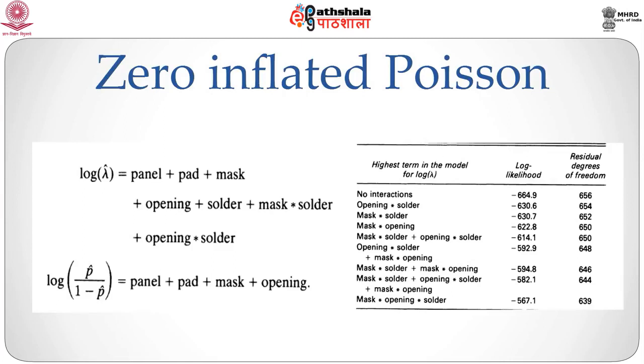So having worked out the theory, the author presents an application of the ZIP model to her data. Her model is given by specifying log lambda equal to panel plus pad plus mask plus opening plus solder plus the interaction mask solder plus the interaction opening solder.